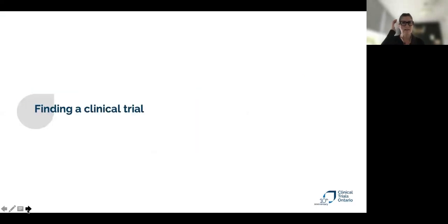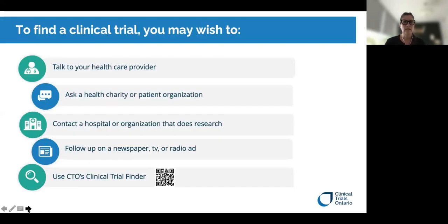So I'm going to move on now to finding a clinical trial, if that's of interest to people, and just so that you can understand what some of the options are out there and understand some of the terminology that's out there as well, if you start to look for things on your own. So there's no one way to find a trial if that's something that you're interested in.